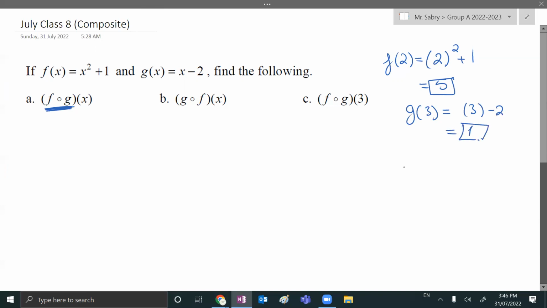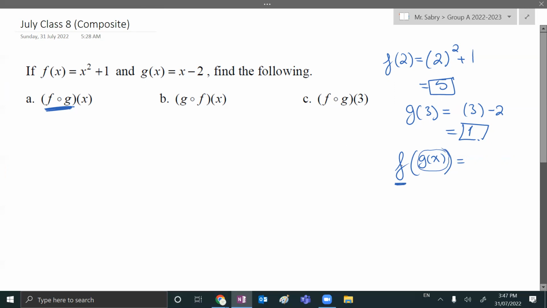We can also create a new function by asking to find f of g of x. What does that mean? It means that I should go for the function f still, remove its x, but instead of substituting a number, I'll substitute the whole g of x.